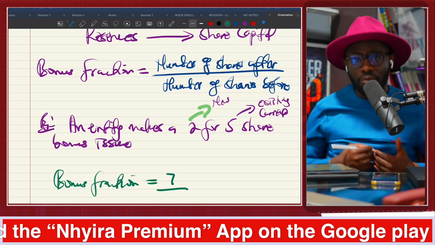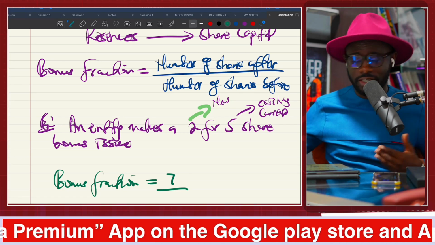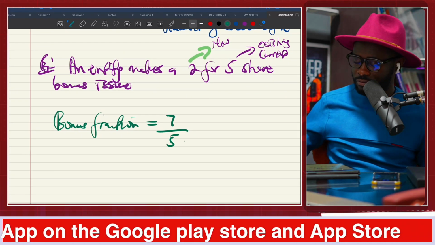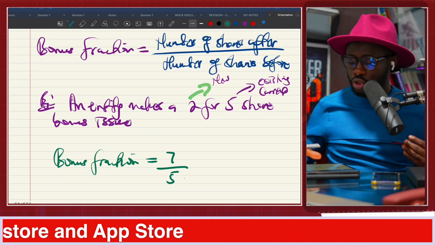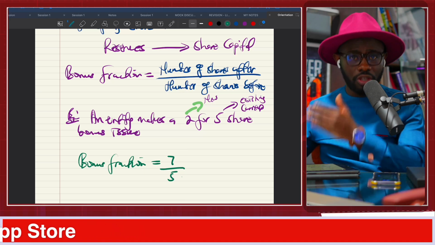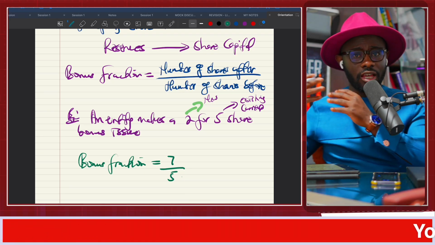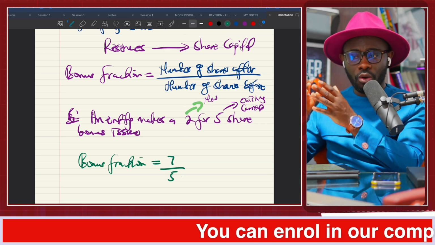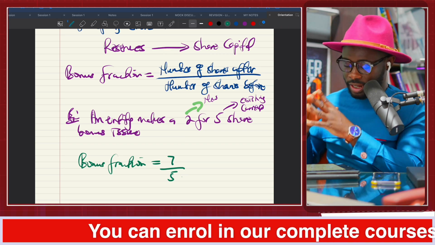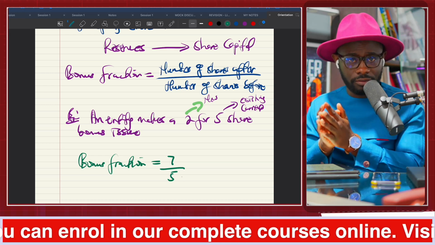How many shares were they having before the issue? Existing, which is 5. So our bonus fraction becomes 7/5. So when an entity makes a bonus issue and we are calculating the basic earnings per share, this is how we go about calculating the bonus fraction.